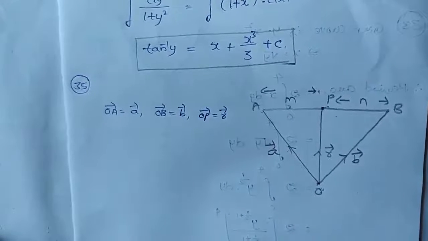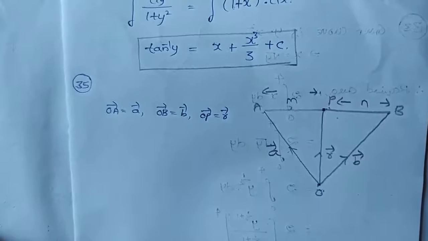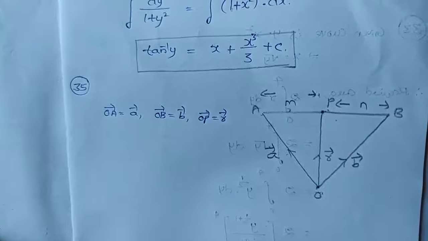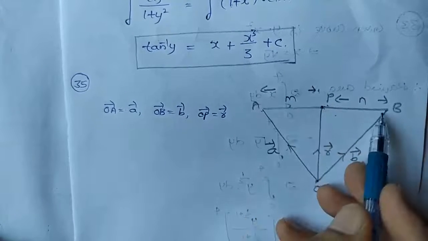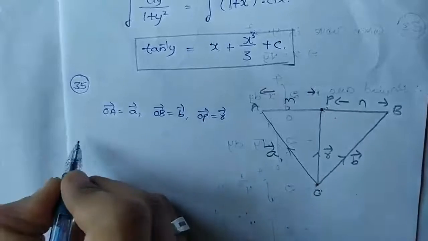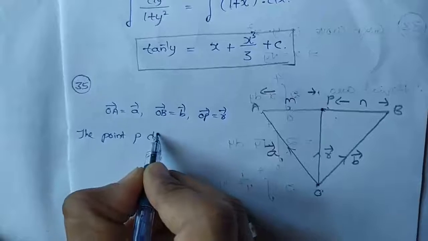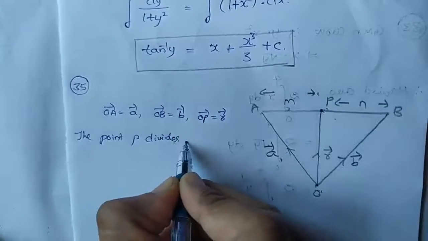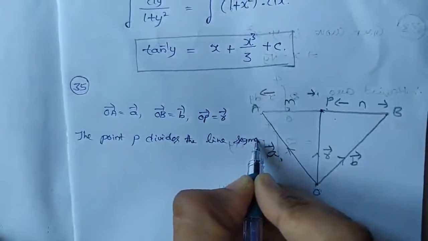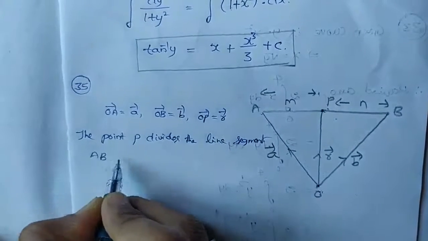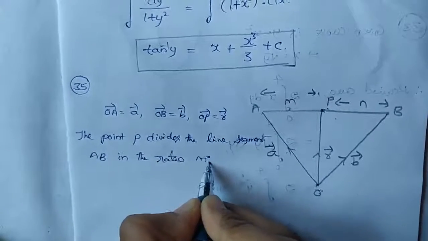Now, the position vector of the point P with respect to the origin is OP vector equals R vector. The point P divides the line segment AB in the ratio m:n.